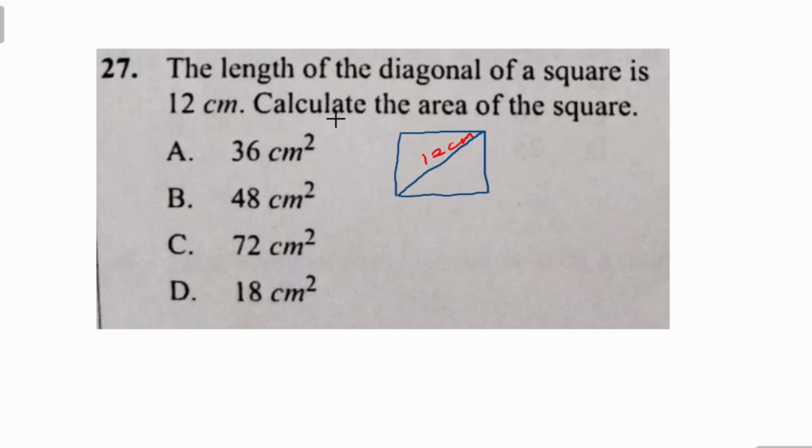But we know that the sides of a square are all congruent. The four sides of a square are congruent, meaning they are equal. So it means that if this side is x, then here will be x, here will also be x, and here will also be x. And another attribute of a square we know is that it has 4 right angles. So taking this side, it can be this side or any of the 2 triangles as a right triangle.